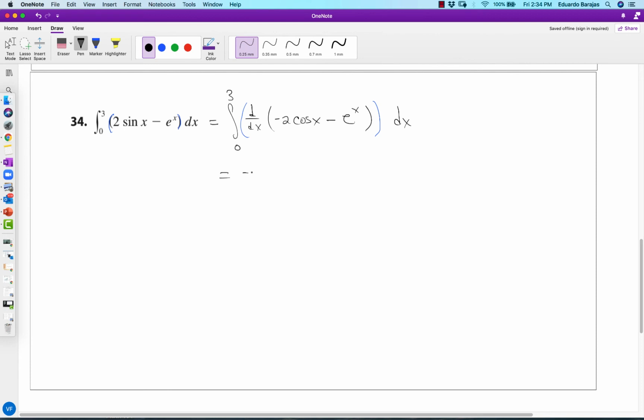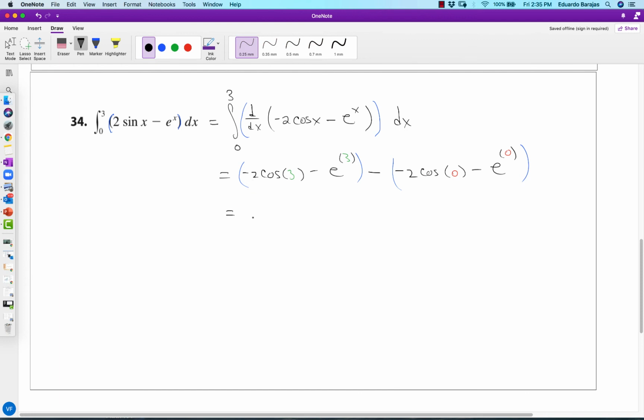So this will become minus 2 cosine of blank minus e to the blank, minus 2 cosine of blank minus e to the blank, making sure to separate these two functions like this. Be real careful with all those signs. Lots of minuses running around everywhere. So first we evaluate this at 3, put a 3 there, put a 3 there. And next we evaluate this at 0, so put a 0 there, put a 0 there.